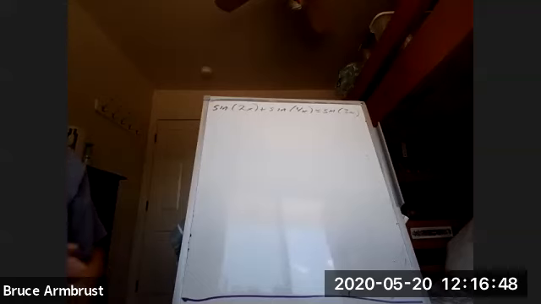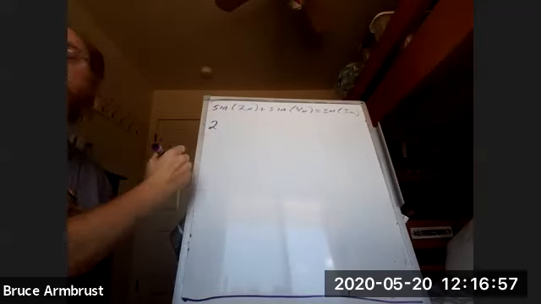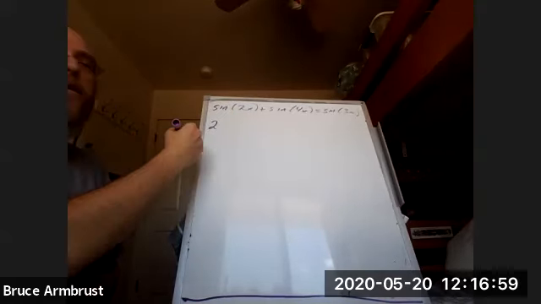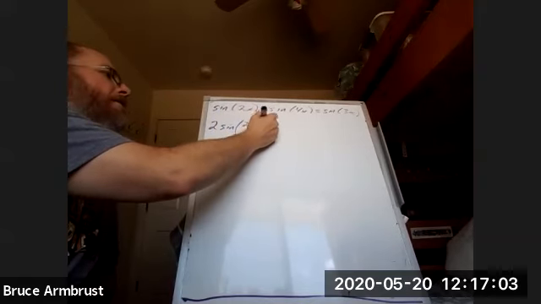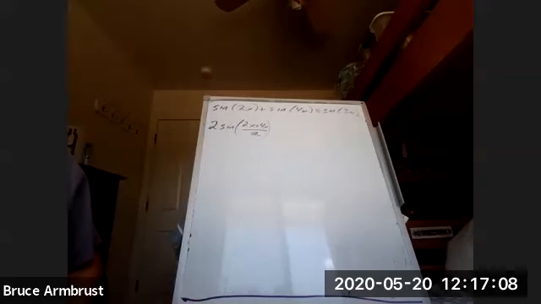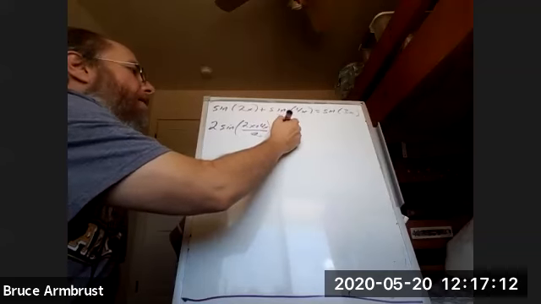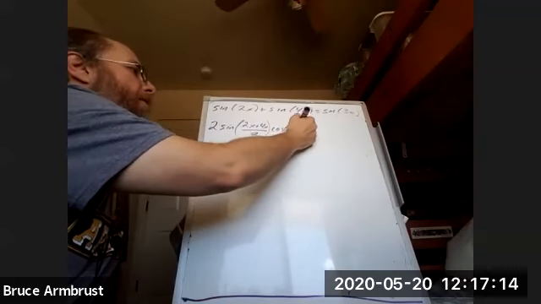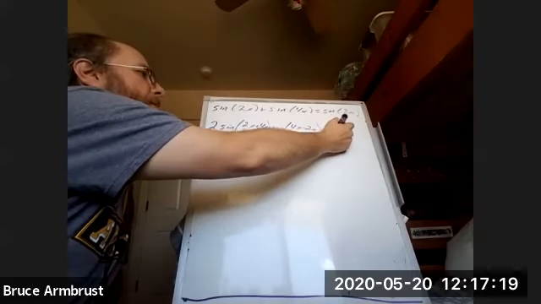Okay, so sum to product. Let's go look at that one where we have sine plus sine. What we see from that identity is we're going to get 2 times the sine of those two angles added together divided by 2. And then we're going to multiply that by cosine of the difference in the two angles divided by 2.